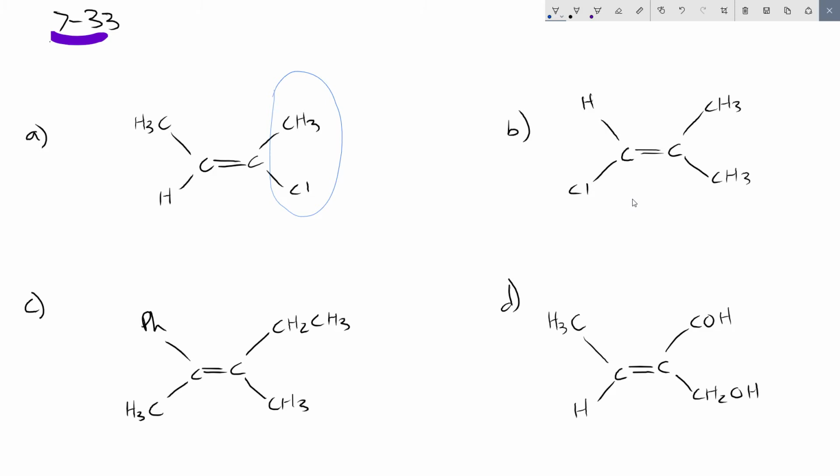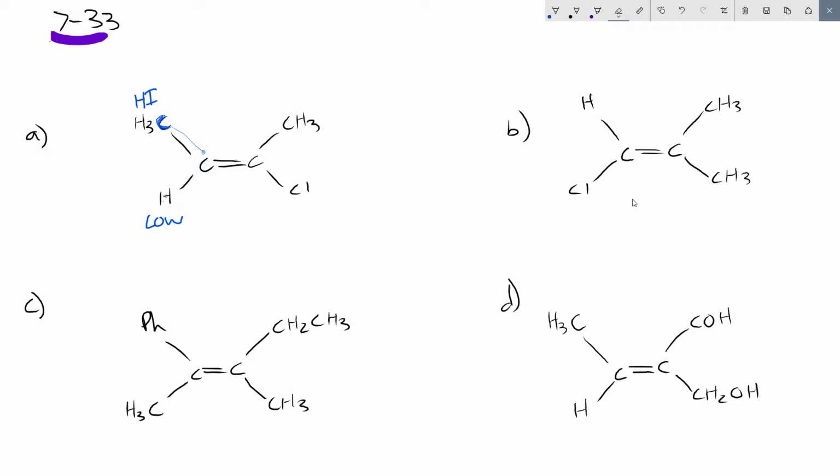So if we go off this carbon, off this carbon we hit a carbon on the top, and we have a hydrogen on the bottom. Hydrogen, and then we hit a carbon. So obviously carbon is heavier than hydrogen, so this has a high priority and this has a low priority.